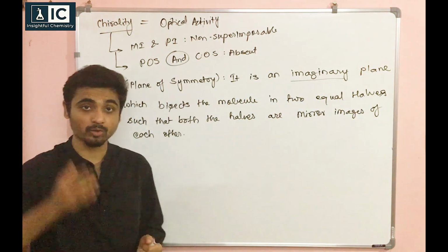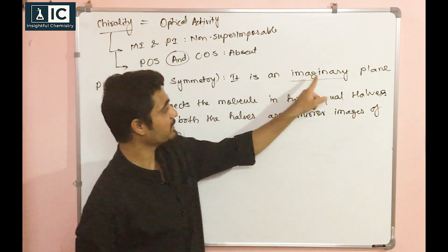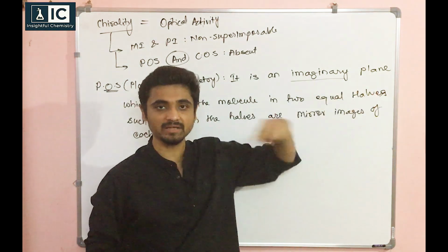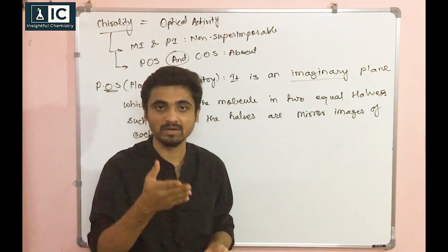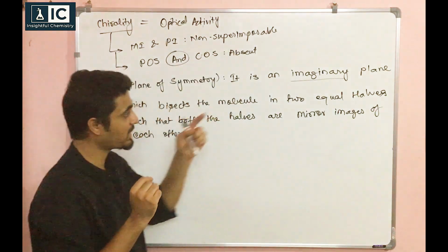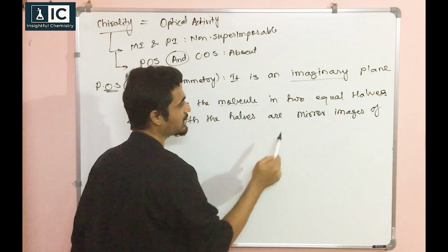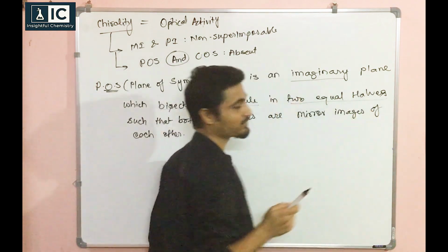We are not going to really cut any molecule, we just have to imagine it. Plane means it is 2D, like a paper or a blade that is two-dimensional. It is a plane which bisects the molecule into two equal halves.